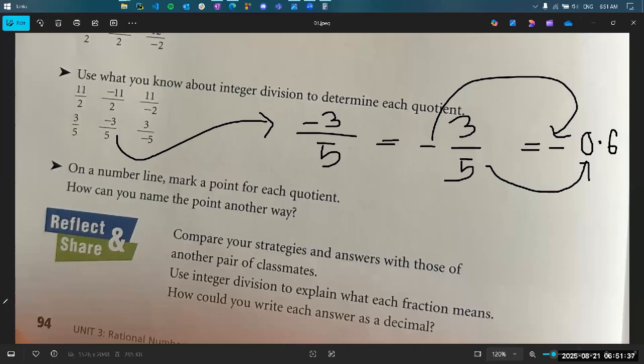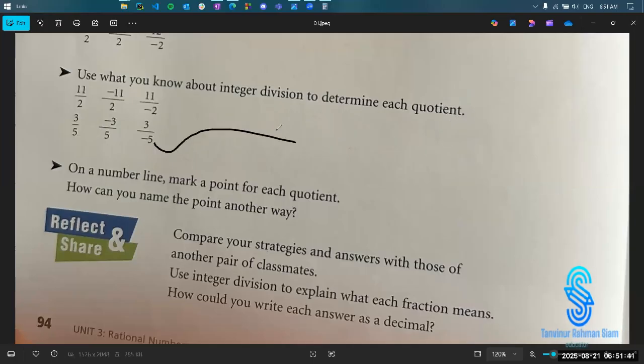Got it? Yeah. Okay. After that, help me figure out which will be the answer for this. This is also negative 0.6, right?